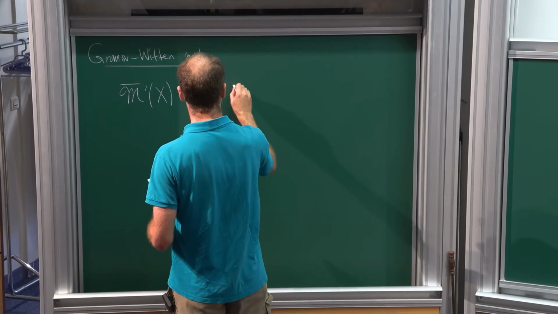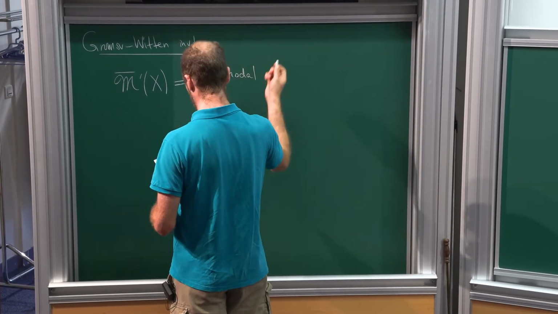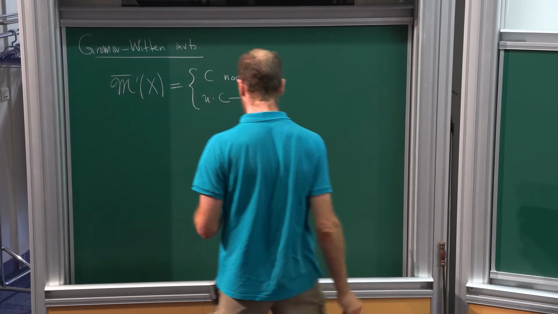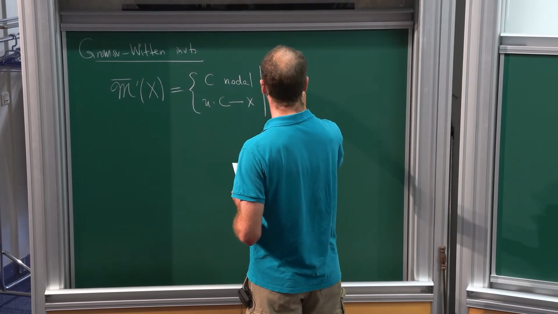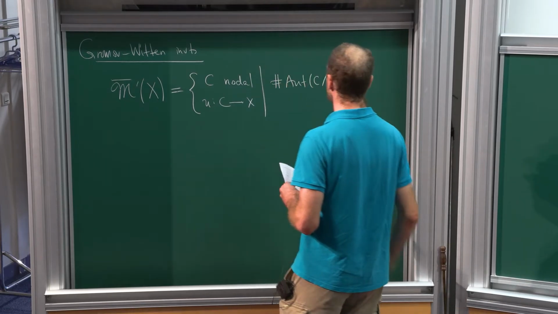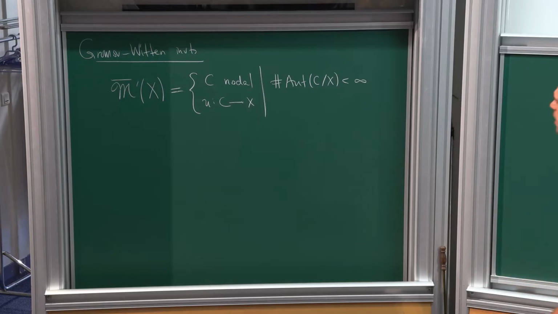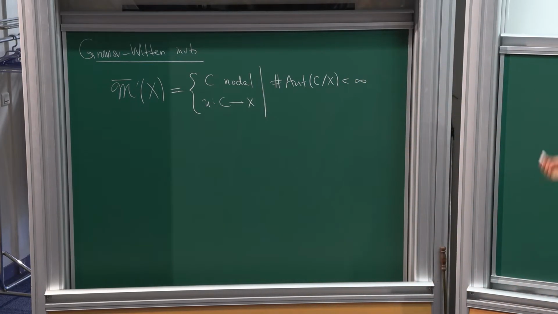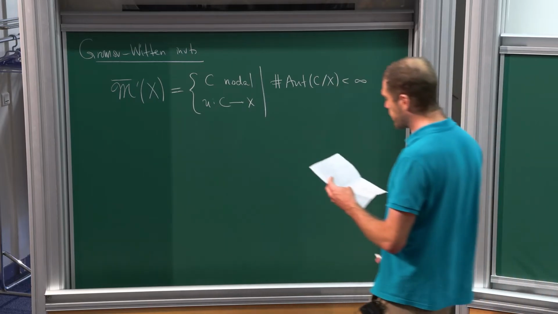So we consider nodal compact curves C, with maps from C to X, which are stable in the sense that they have finite automorphism groups. Concretely, that just means C doesn't have any unstable components which are contracted to a point.